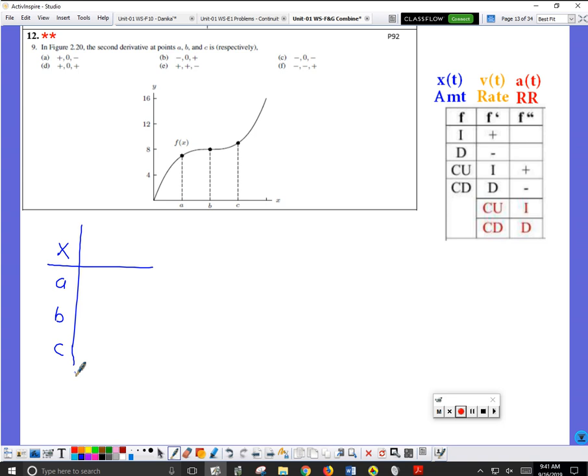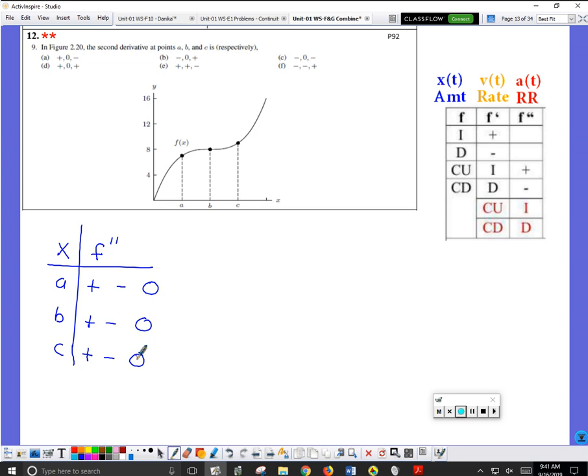At those x coordinates, on the graph of f double prime, would the y value be positive, negative, or 0? That's what the question is asking.